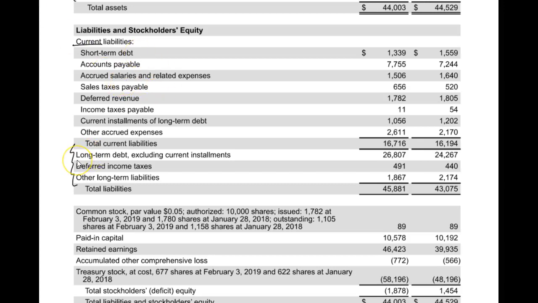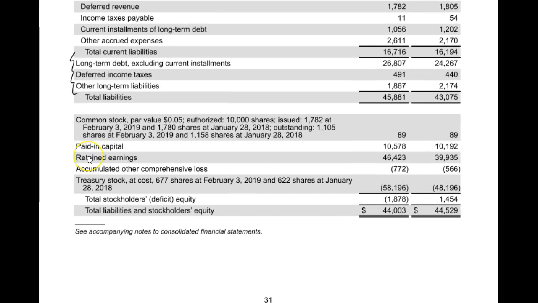Going down here to the equity section, here's our common stock. Notice this has a par value of 5 cents. This is basically what I was referring to right here; I would have called that additional paid-in capital if I was doing it in class.